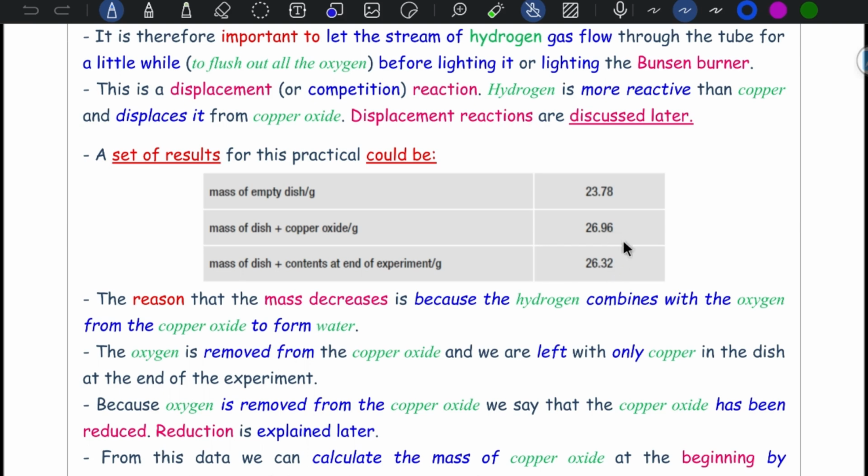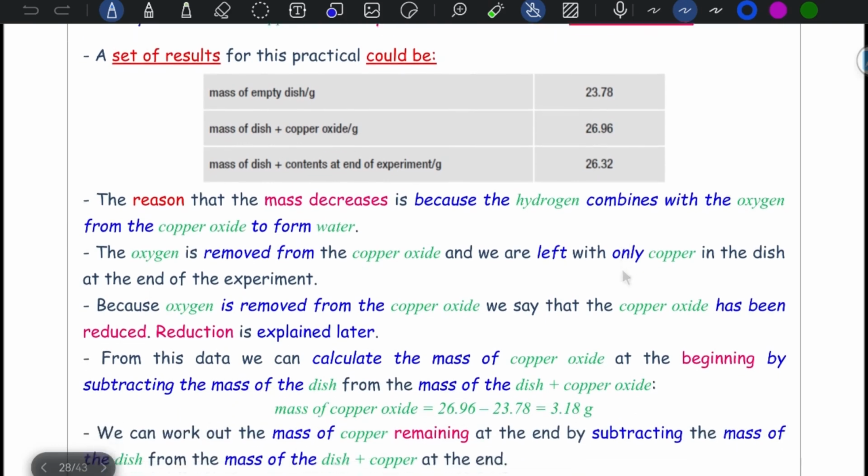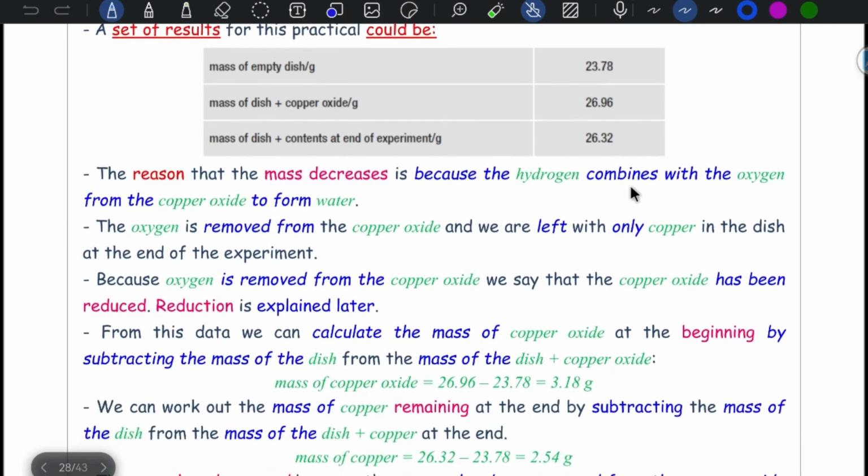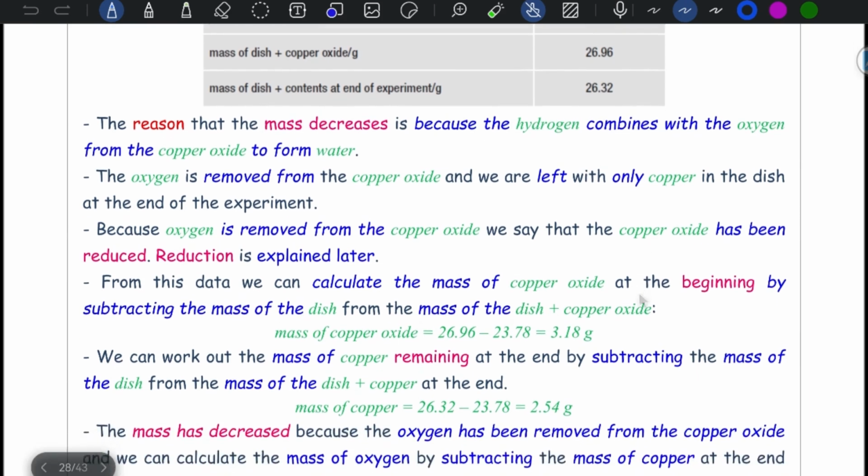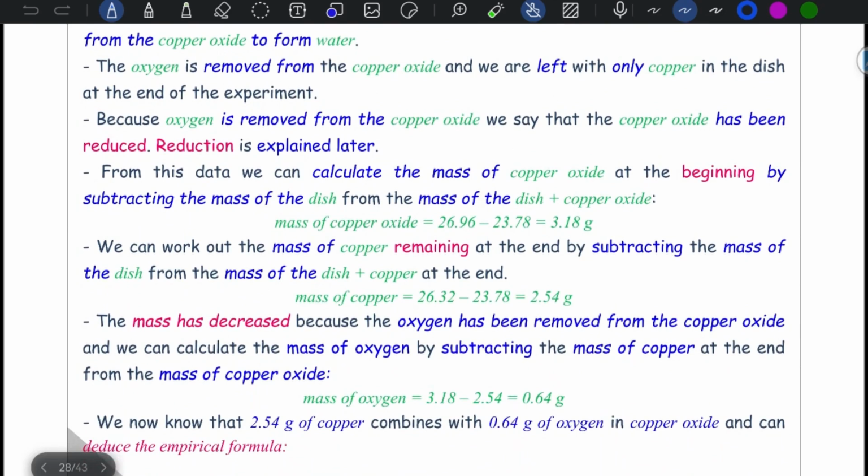You can see that the mass decreases. The reason the mass decreases is that hydrogen combines with oxygen from copper oxide to form water, and the oxygen is removed from copper oxide, leaving only copper in the dish at the end of the experiment. Because oxygen is removed from copper oxide, we say that copper oxide is reduced. Reduction will be explained later too.